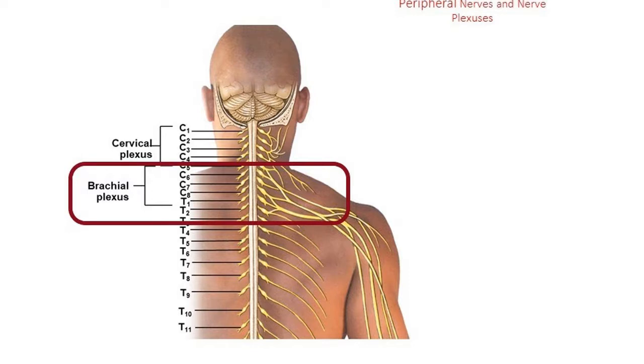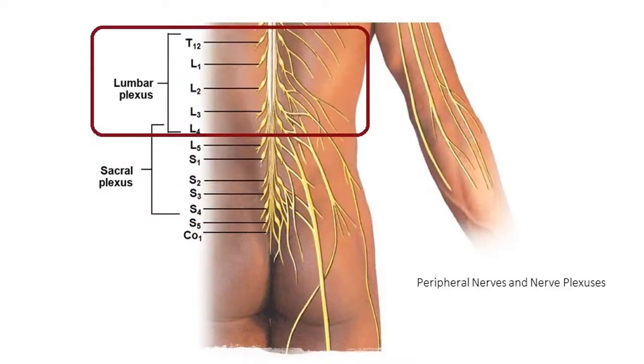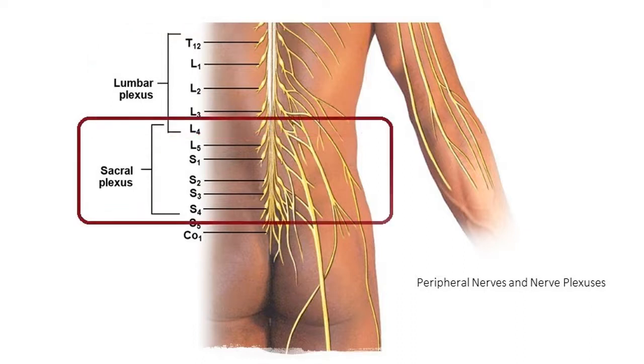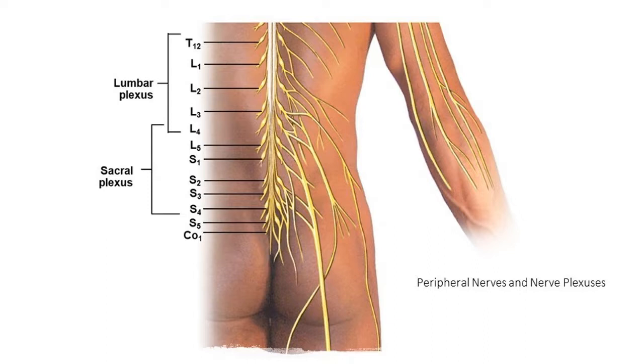All these spinal nerves will combine to form brachial plexus. Next we have lumbar plexus, which is formed by the spinal nerves T12 to L4, and the sacral plexus is formed by L4 to S4. So together the lumbosacral plexus offers nerve supply to the pelvic girdle and lower limb.